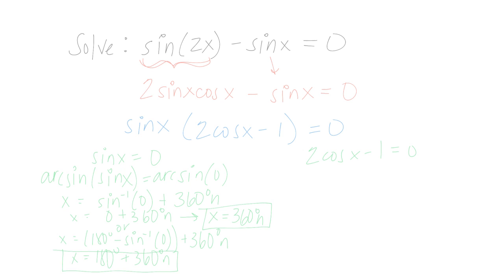Okay, my other equation here, I do have to get the cosine by itself, so I'm going to add 1, divide by 2, and that gets me cosine of x equals 1/2. Then I take the arc cosine of both sides.